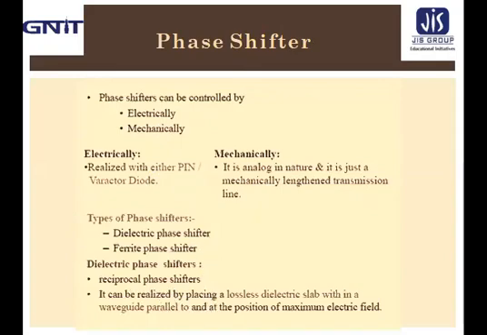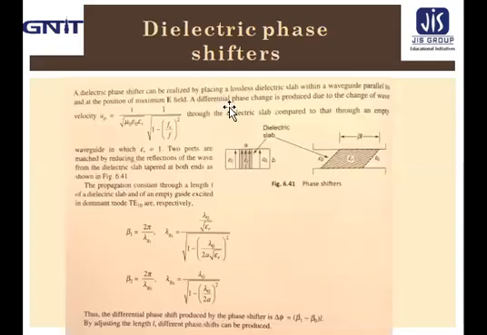The dielectric phase shifter is a reciprocal phase shifter, and it can be realized by placing a lossless slab in a waveguide parallel to it, and at the position of maximum electric field. Here in this figure, a phase shifter is shown.